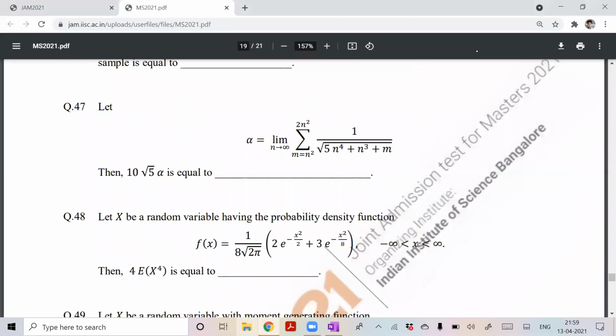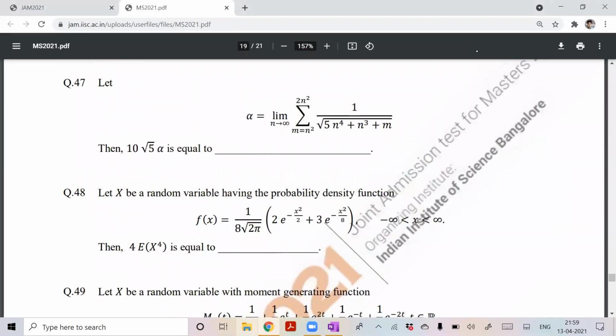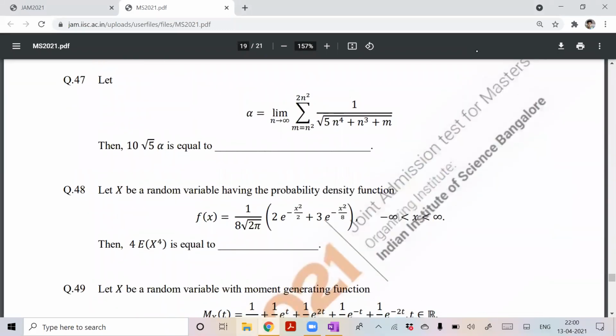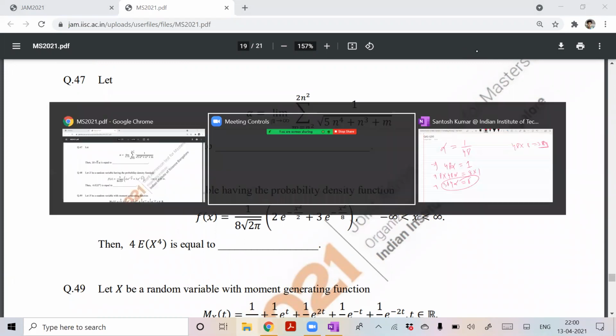Let's come to 47. Okay, so 47 is: alpha is limit n tends to infinity, summation m is equal to n square to 2n square, 1 upon root under 5n4 plus n cube plus m. So what is 10 root 5 alpha? Okay, let me write.